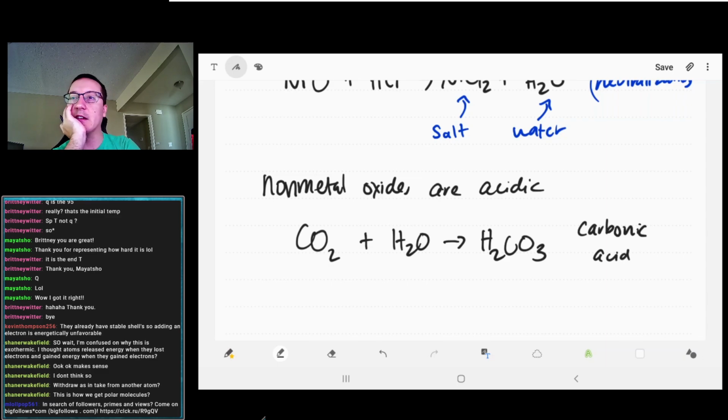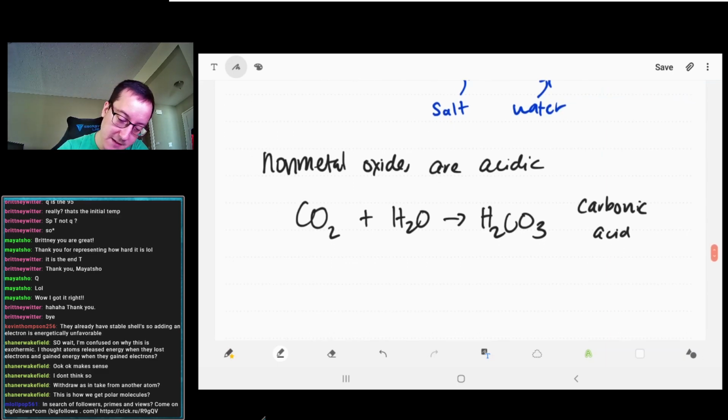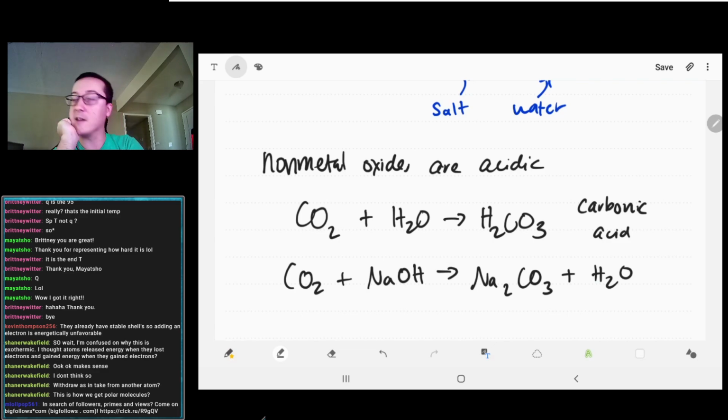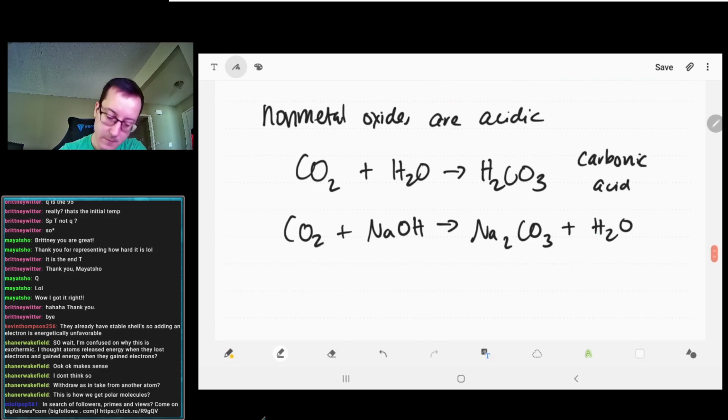And since they are acidic, we can combine them with bases. And if we do that, we would get a salt and water just like before. So this is a neutralization, just like before.